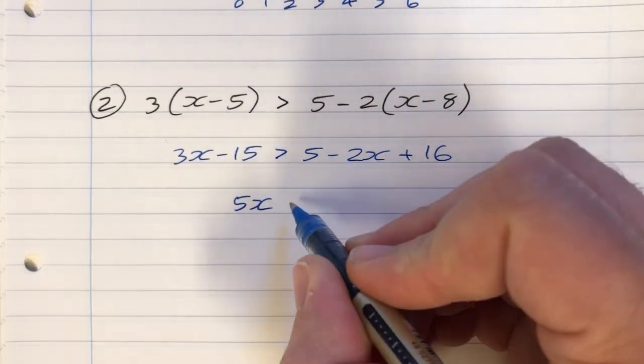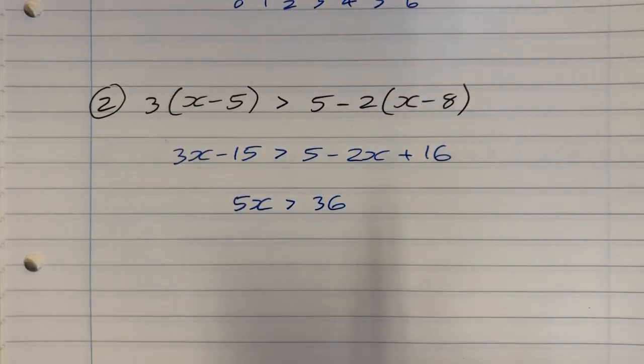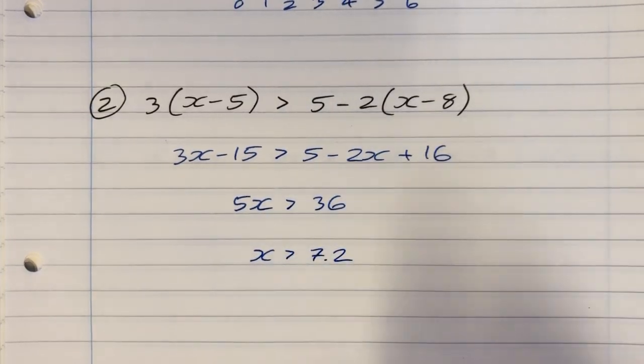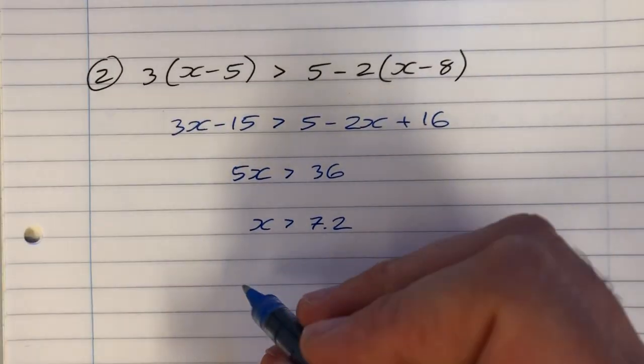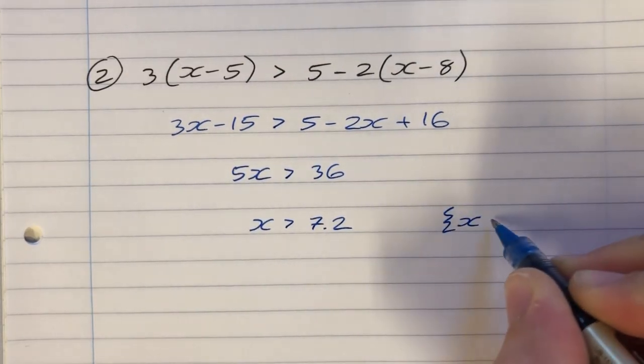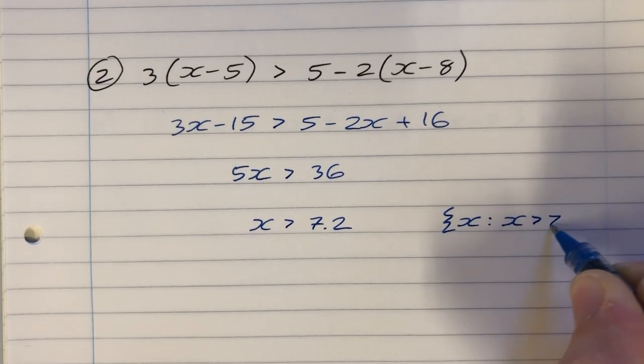Add the 15 makes 36. Okay, I've not timesed or divided by anything. I've just added and subtracted there, so the inequality is fine. And then divide by 5, I'll get x is greater than 7.2. So in set notation, I would leave the answer as x such that x is greater than 7.2.